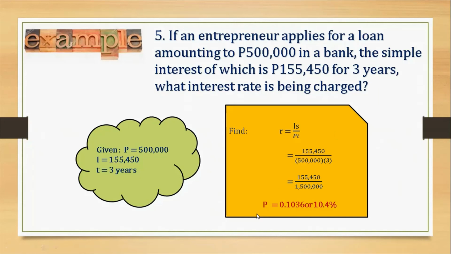So you convert that to percent by moving your decimal point to your right 2 times. 1, 2. So that's 10.4. Why is it 4? Because we round up 3 to 4 since the next digit is greater than 5. And that's how we solve this problem.